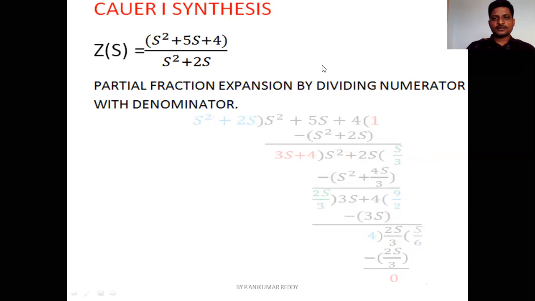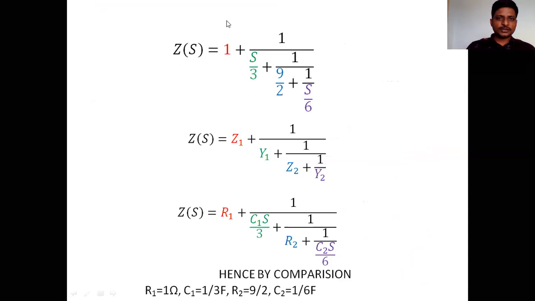After dividing, you have to write Z of s in this form. This is the partial fraction expansion form. Z of s equals first remainder plus 1 by second remainder plus 1 by third remainder plus 1 by fourth remainder. Once you write all these values, you have to write the standard form: z1 plus 1 by y1.